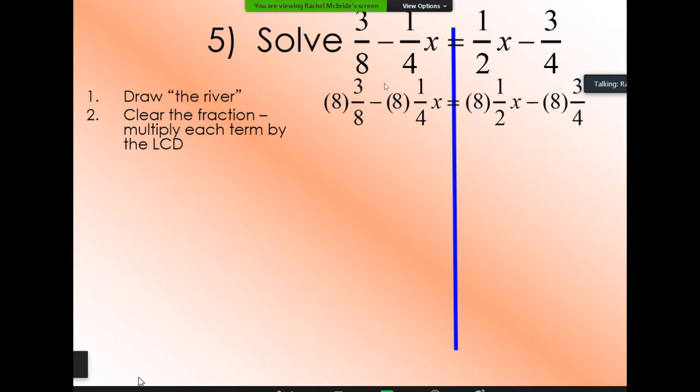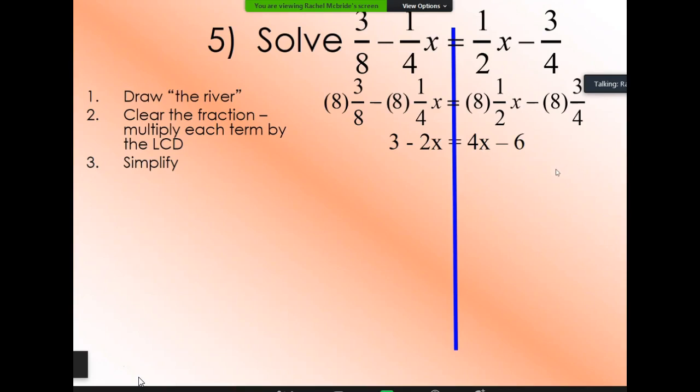So now you get 3 minus 8 divided by 4 is 2. X tags along equals 8 times a half, which is 4. X minus 8 times 3 is 24. 24 divided by 4 is 6. What do I want to do next?